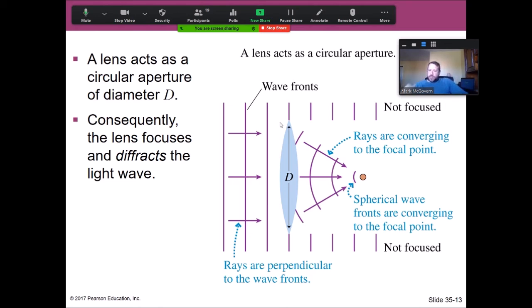Okay, a lens is an aperture. What happens is the light gets bent and then gets directed down, and that produces diffraction patterns as well.